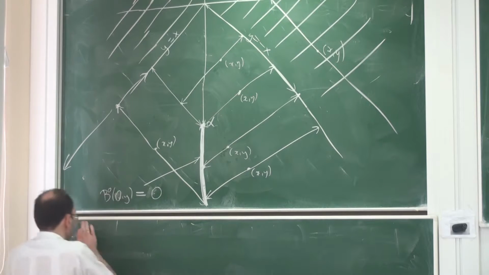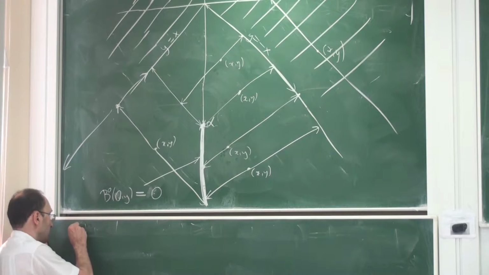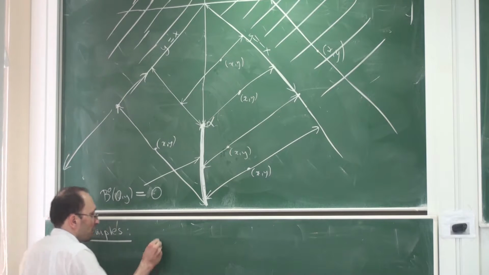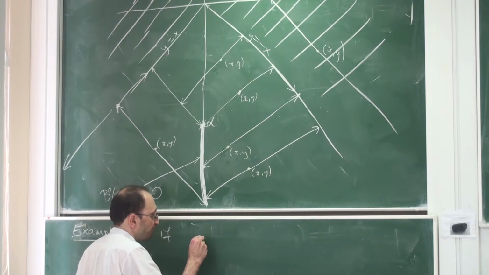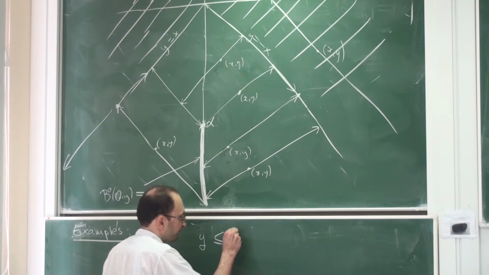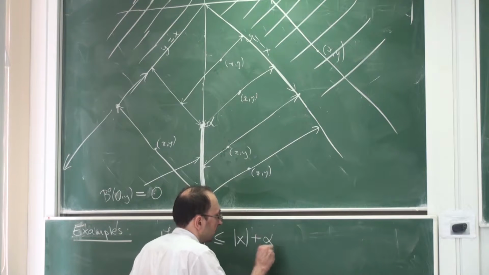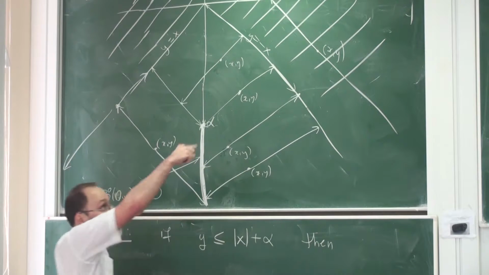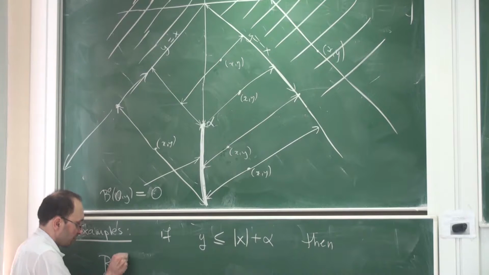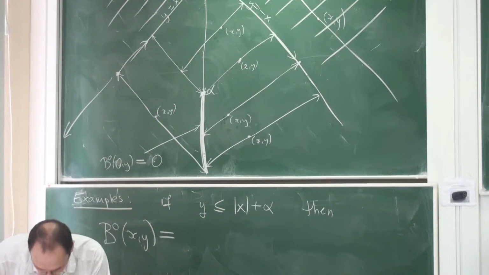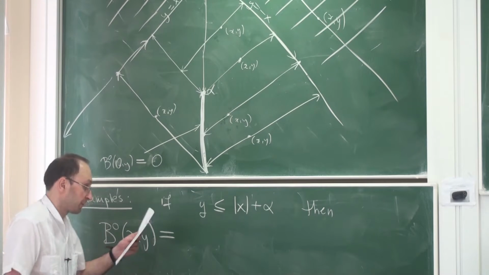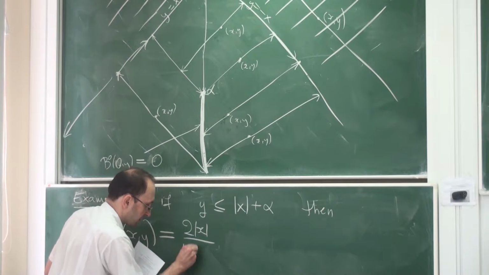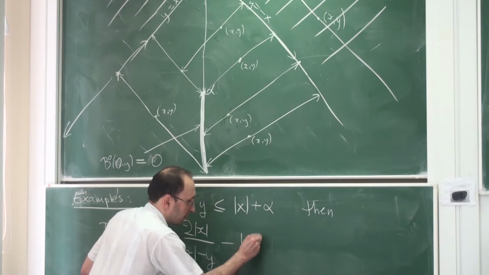If we compute all these things, let us write that some examples show that if y is less than x plus alpha, then b0(x,y) is equal to 2x over x minus y, minus x.